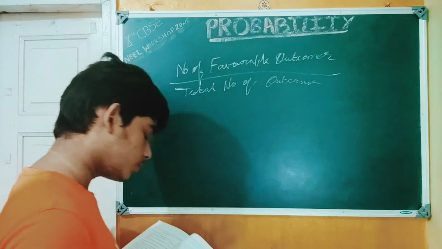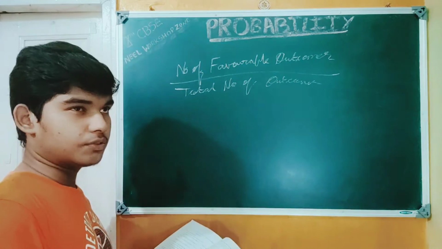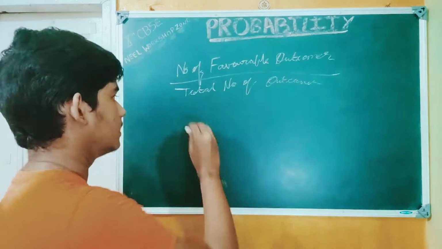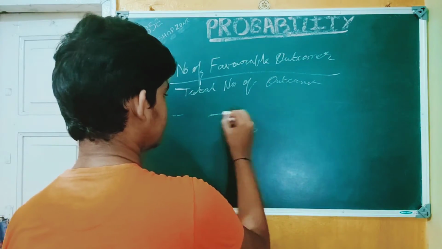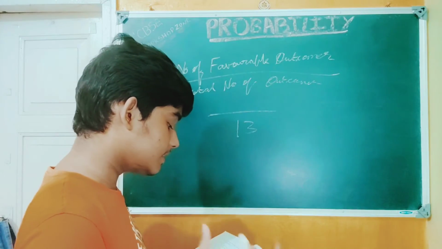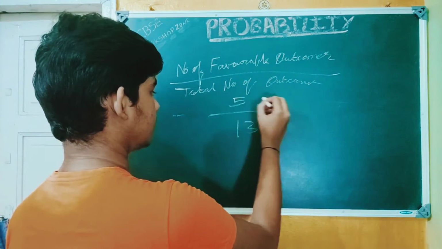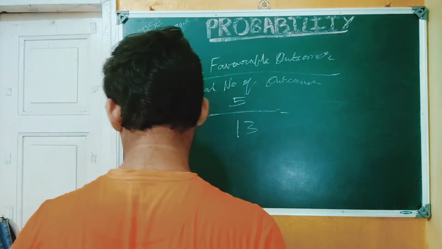The total number of outcomes here is 5 male fish and 8 female fish, which add up to 13 fishes in total. It's asking for the probability of a male fish, and there are 5 male fishes, so now we have to divide 5 by 13.